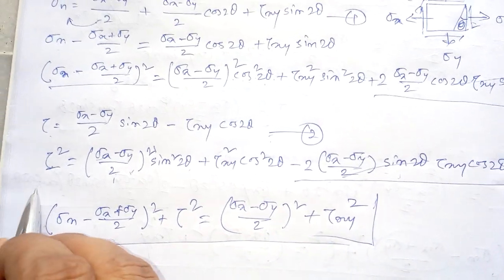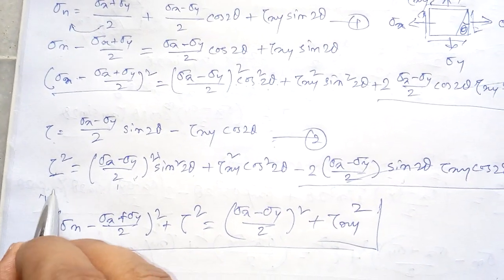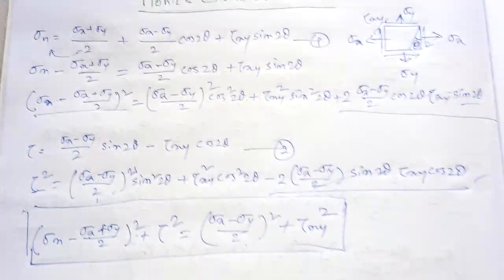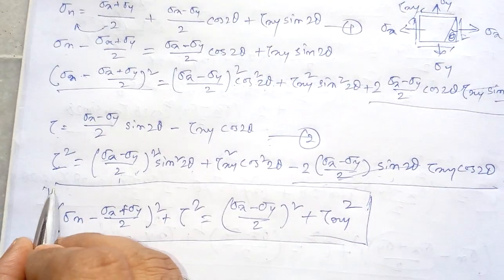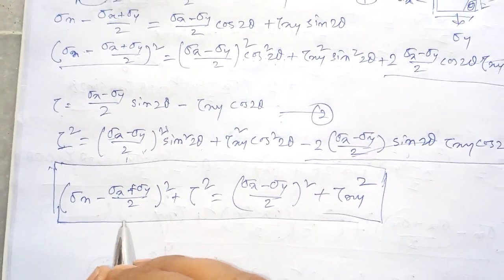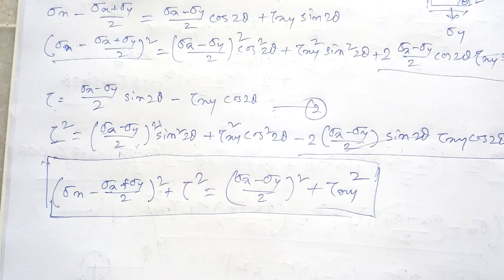We are getting this equation after squaring and adding those two initial equations from the analytical method, right? So if you look closely, you will see that this equation is similar to the equation of a circle, right?